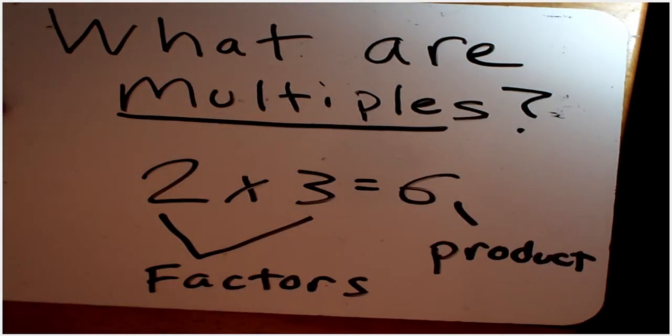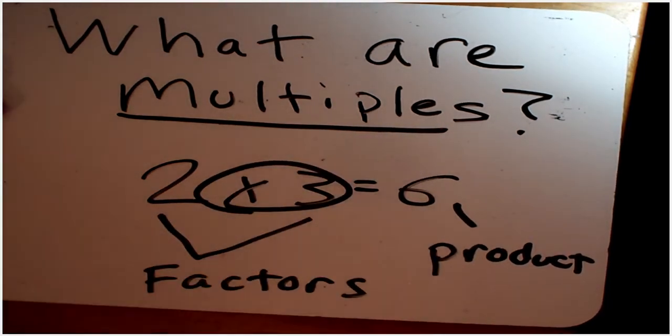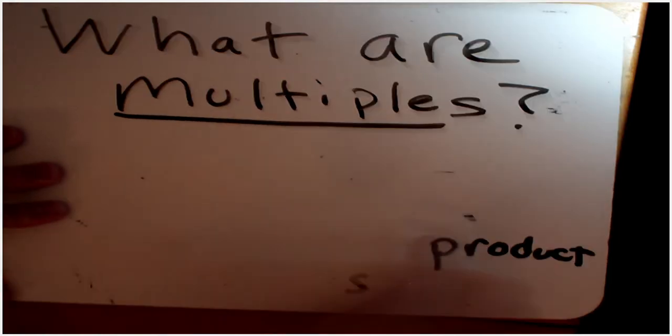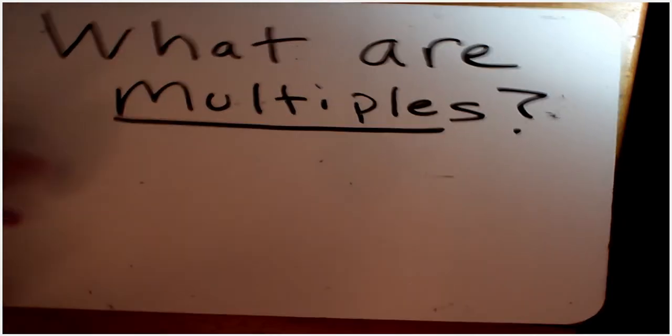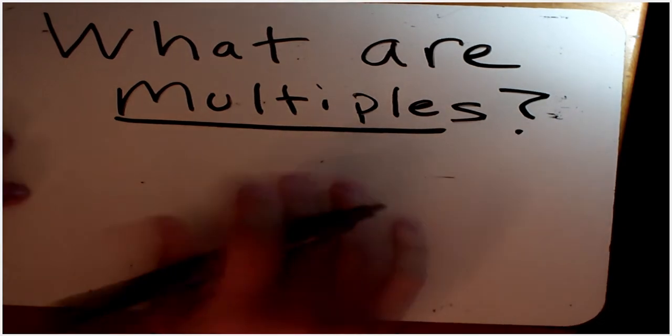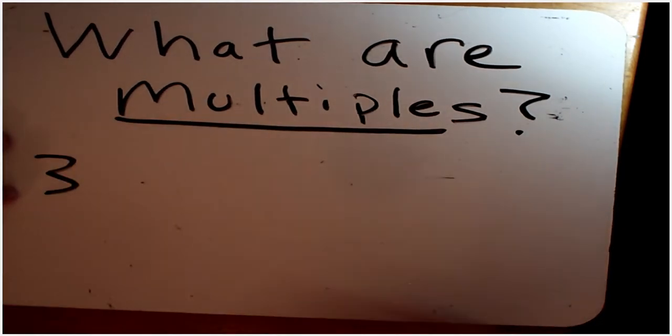When we talk about multiples, it's those multipliers. So in the factors, we're looking at maybe the 3 or the 2. Let's talk about multiples of 3. This is that list that you use to skip count. Those are your multiples. So the first multiple is 3 because 3 times 1, right?